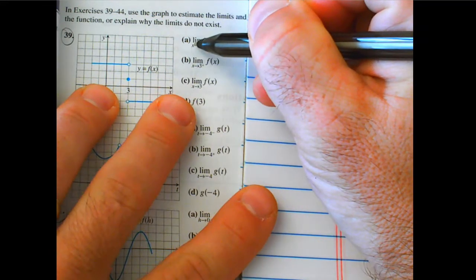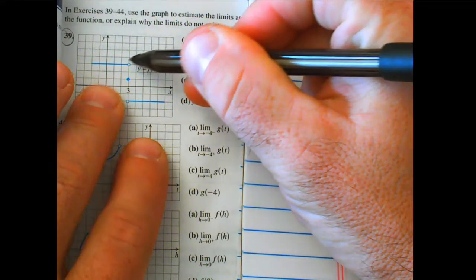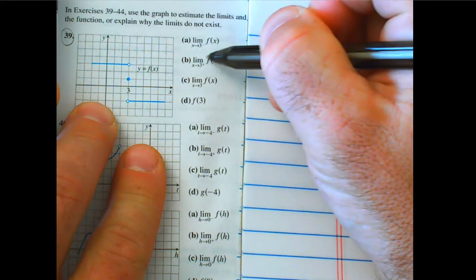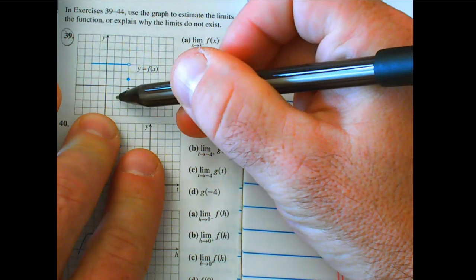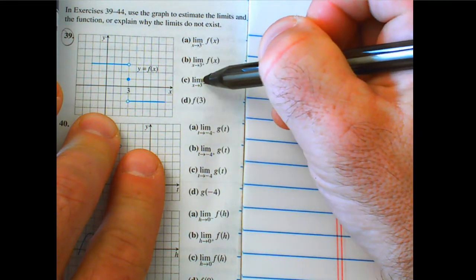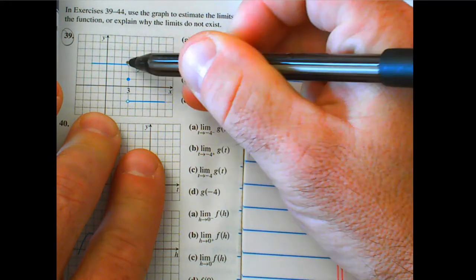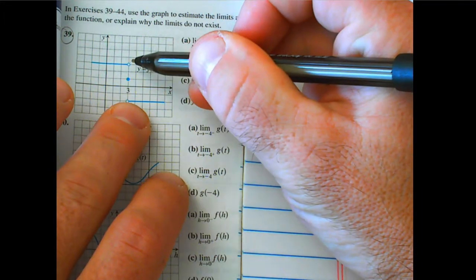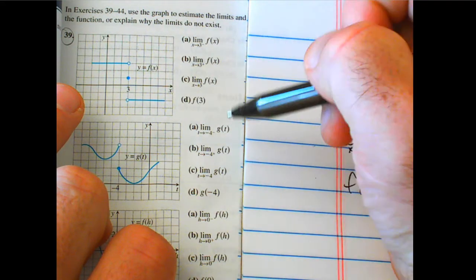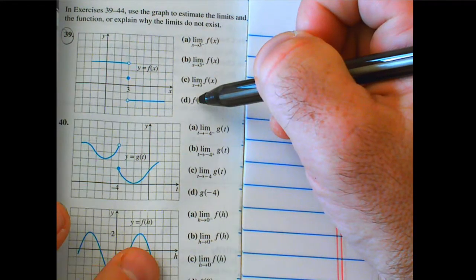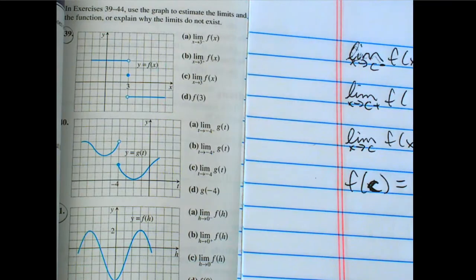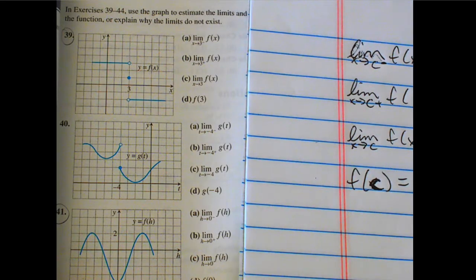First question, limit as x approaches 3 from the left. Well, that is 3. Limit as x approaches 3 from the right. That is -2. Limit as x approaches 3 of f of x. Well, since a and b were different answers, we have c does not exist. And d was 1.